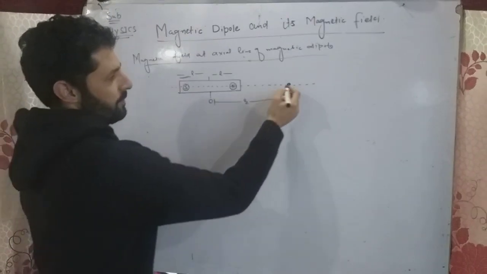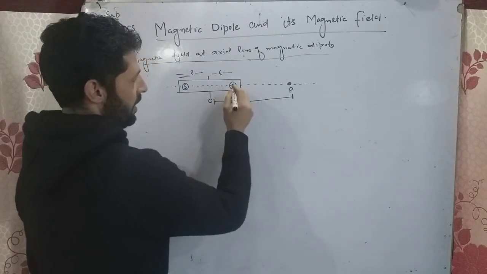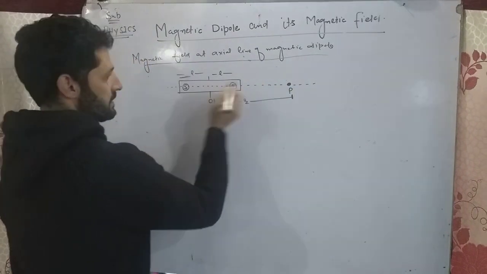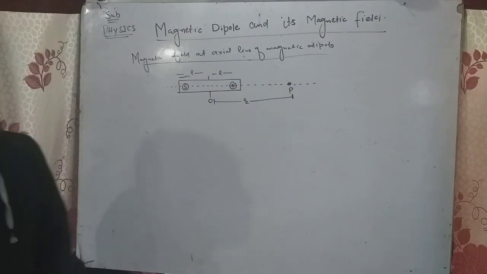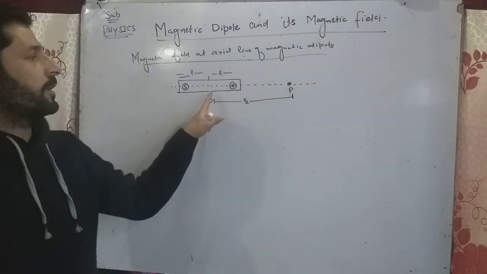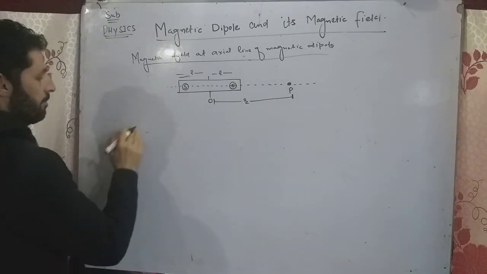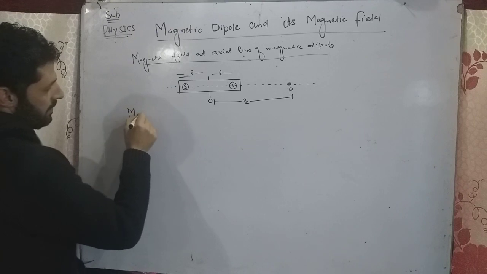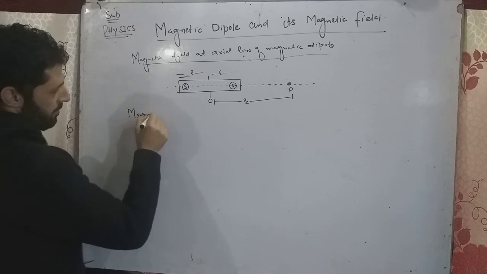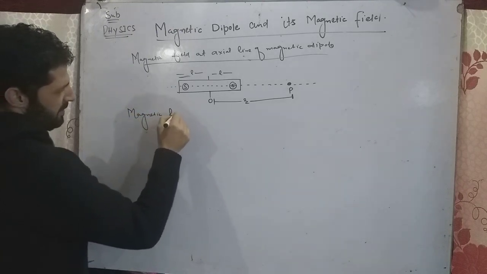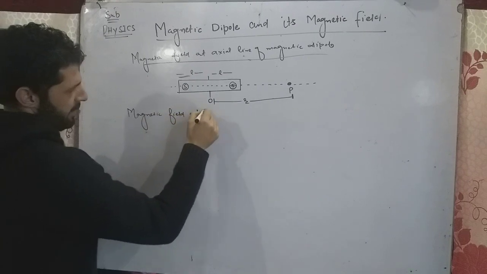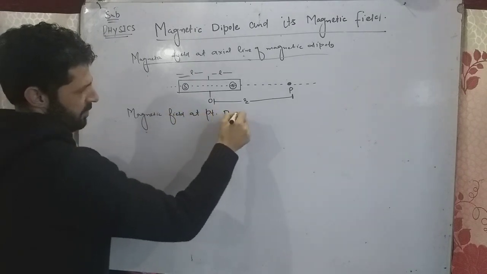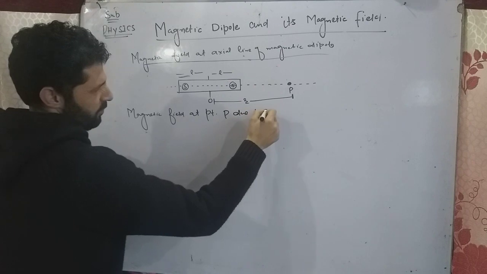Now this is point P, which is at a distance r, and this is NP and this is NN. What we have to do is find the magnetic field at point P due to the north pole.